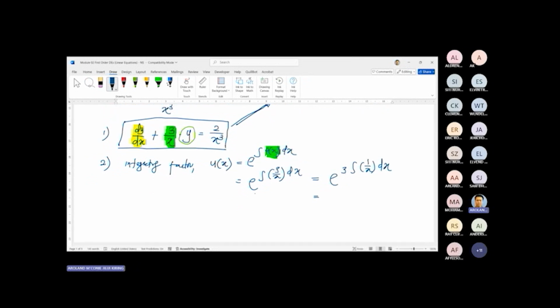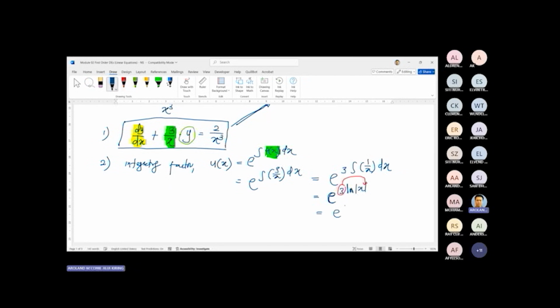Then you will get e to the power of 3 ln x. You can exclude the constant here. You need to simplify this as much as possible. Since you have an exponent and ln, you can still simplify, but first you need to move the constant 3 to become the power of x.